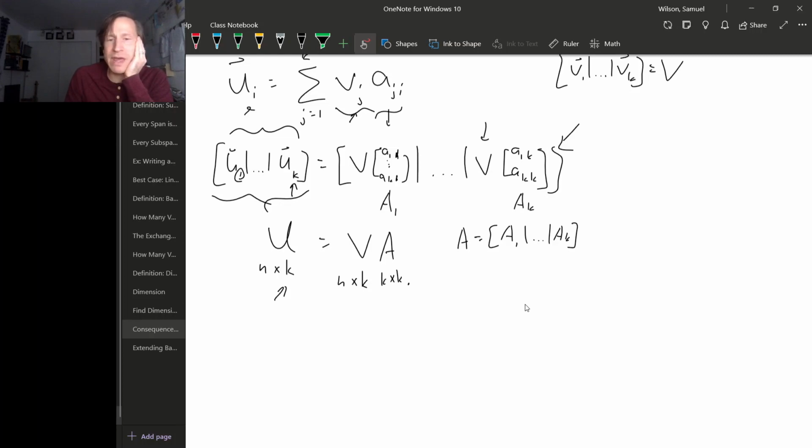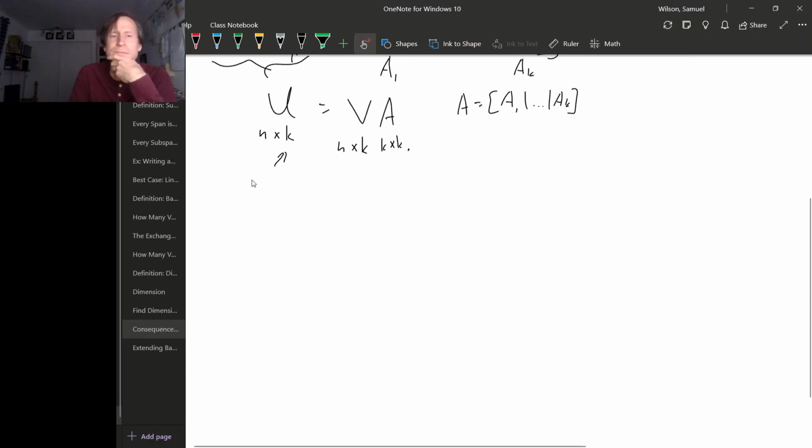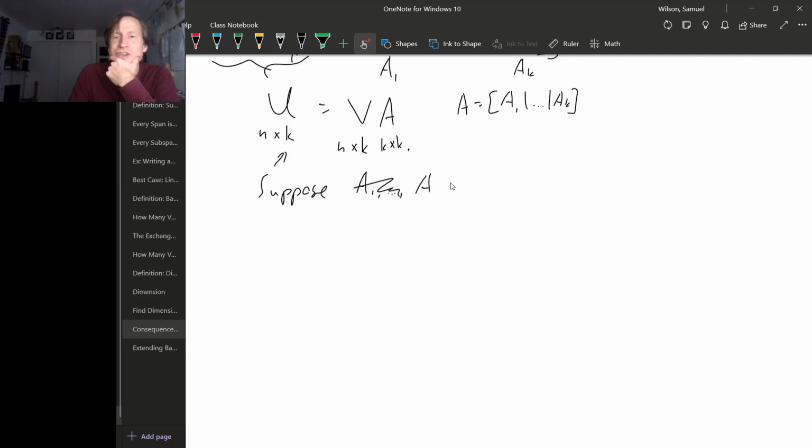Now, remember that the u's were linearly independent, and in fact, so were the v's. So let's suppose that this equation, A times x equals 0, has a non-trivial solution.